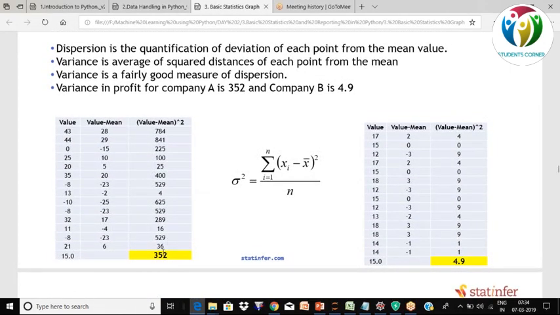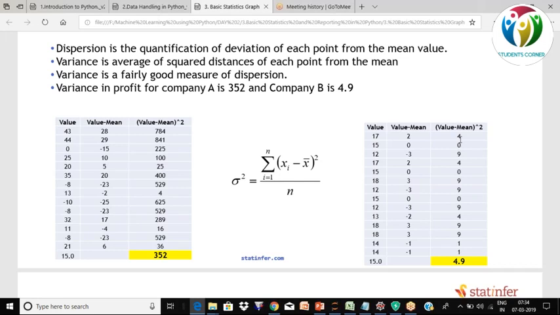What is the variance? There is a lot of variance here, right? 352. Whereas the variance of B is 4.9. So this gives a clear picture that even if the means are the same, company B is performing more consistently. Variance, you can think of as ups and downs.